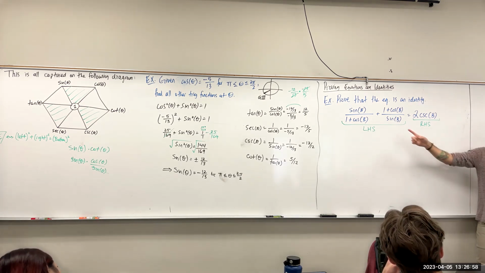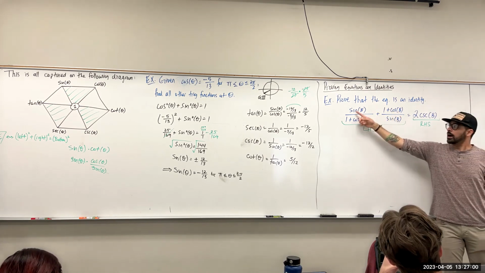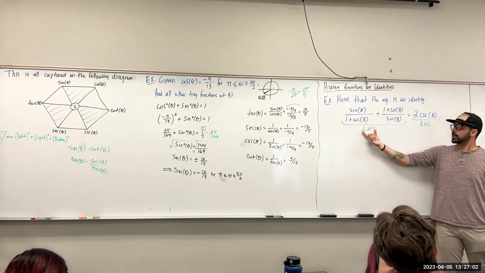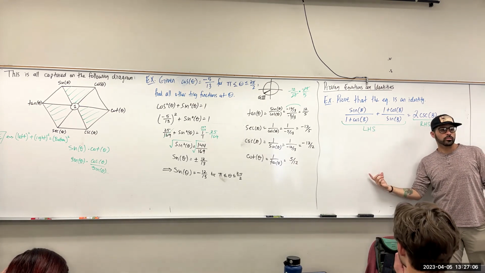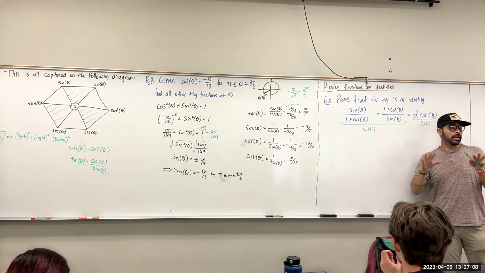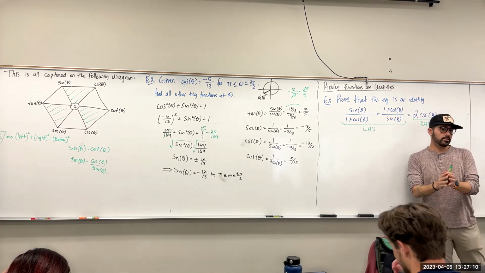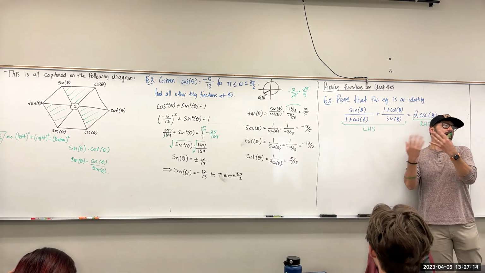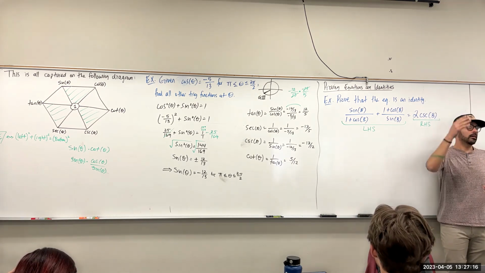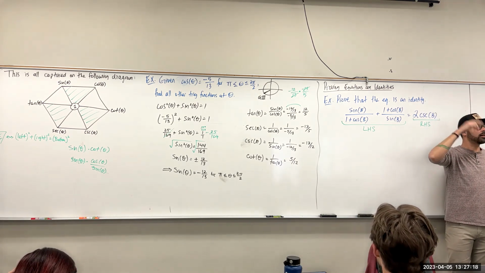But in this case, it'll be helpful to see how I can manipulate the left-hand side using the trig identities that I've learned, but at the same time the algebra that you've learned, like factoring or getting common denominators.